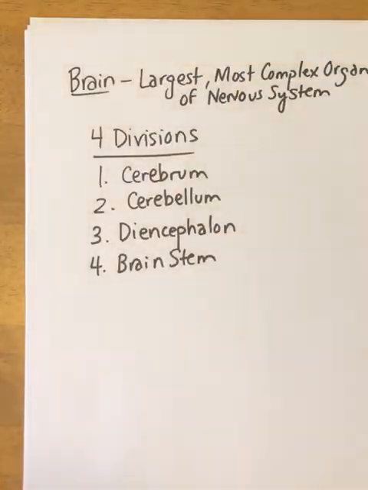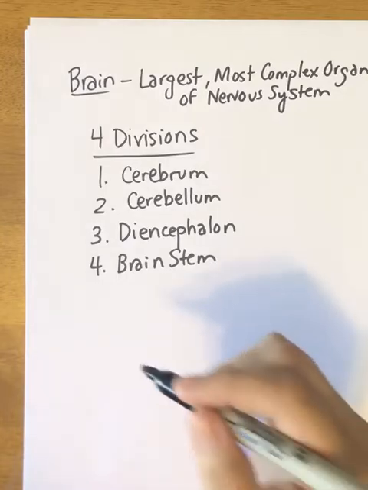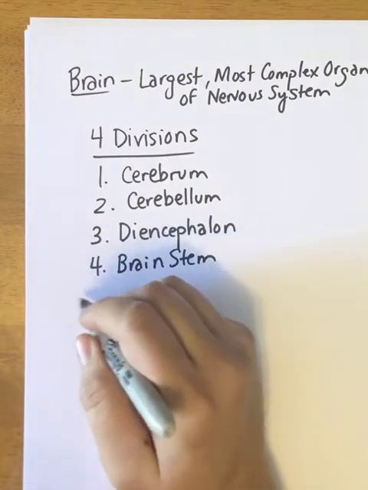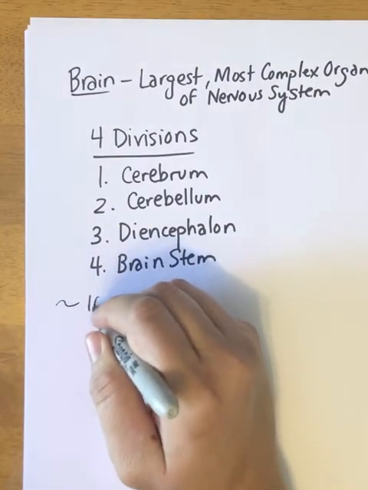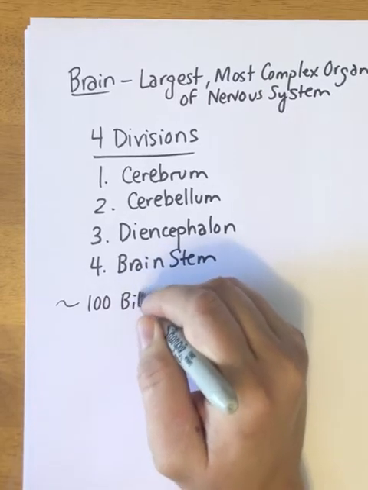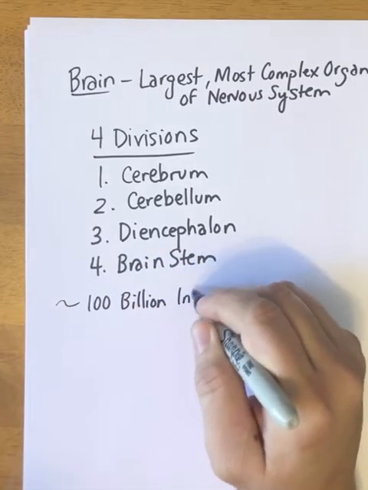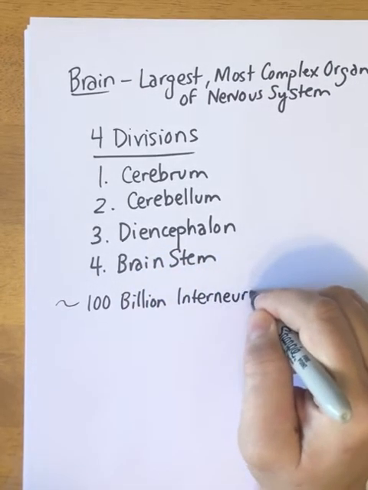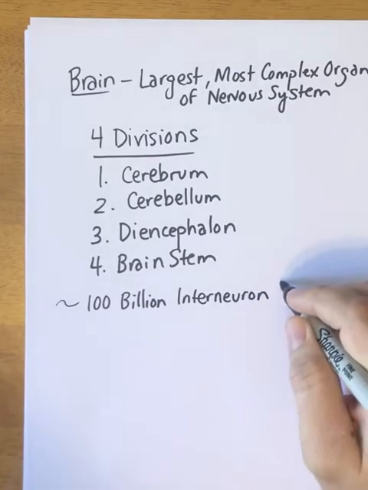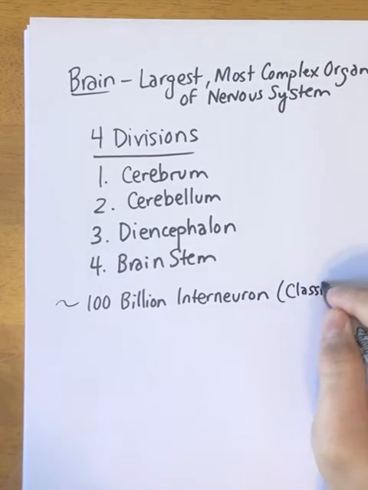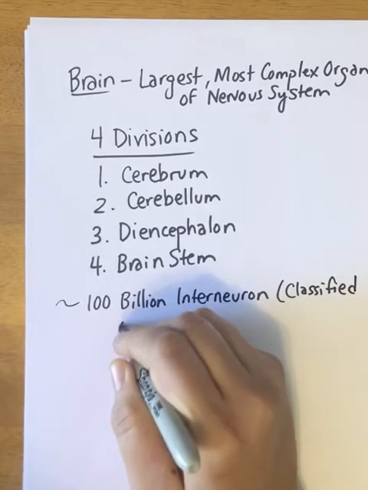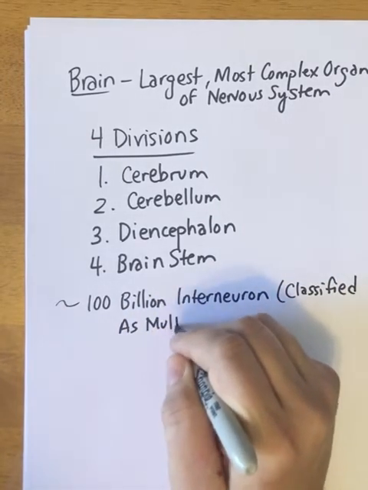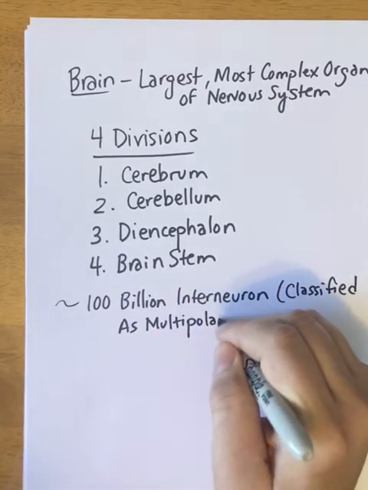So all neurons inside of the brain are interneurons when you classify them functionally, but structurally they're multipolar. So we could say we have over 100 billion interneurons. They are classified as multipolar neurons.